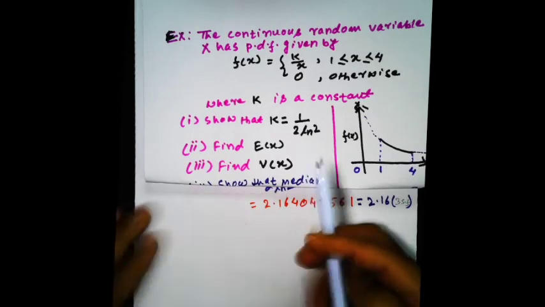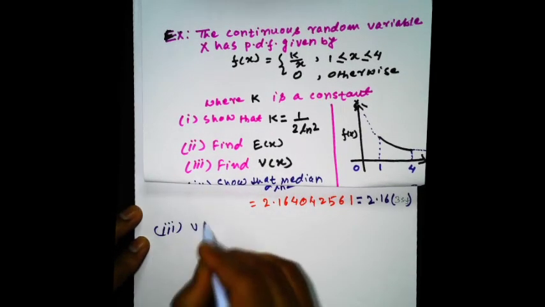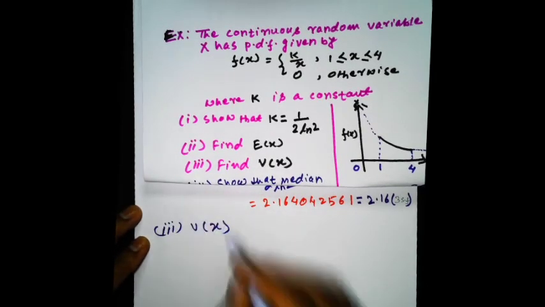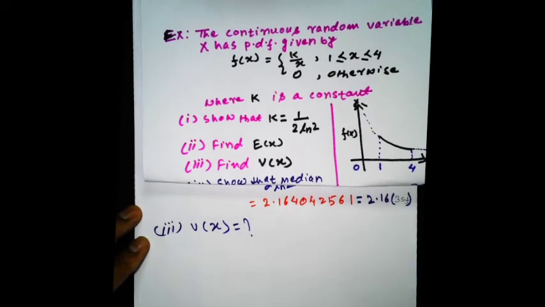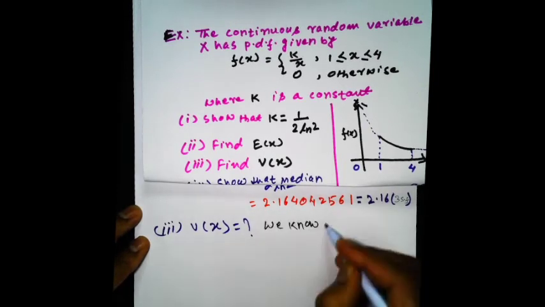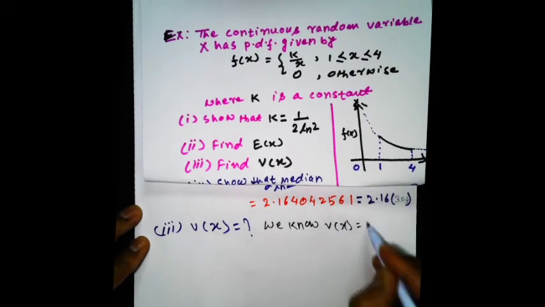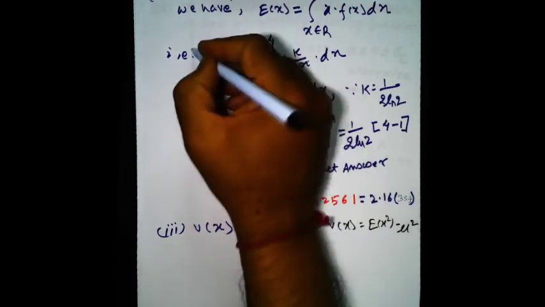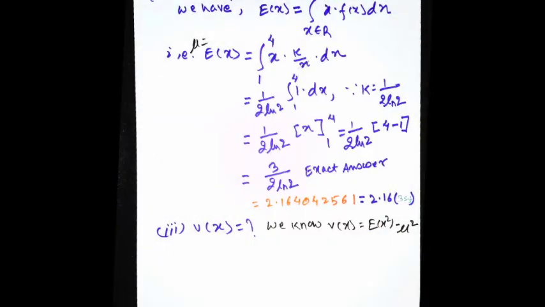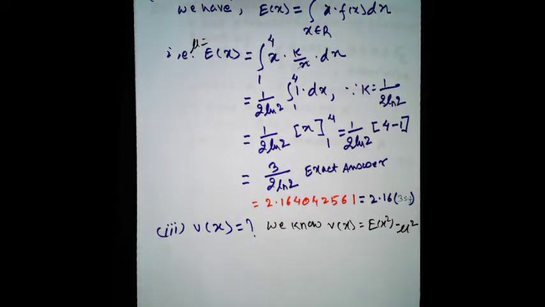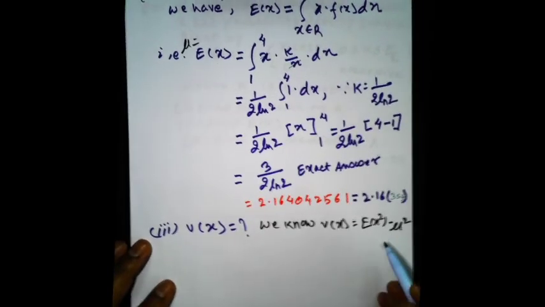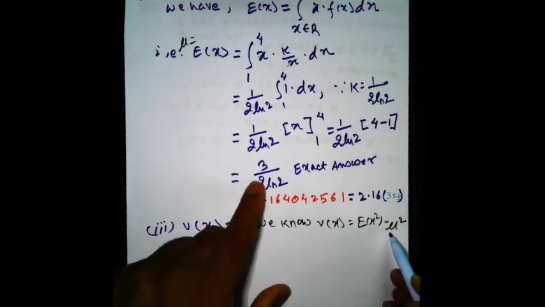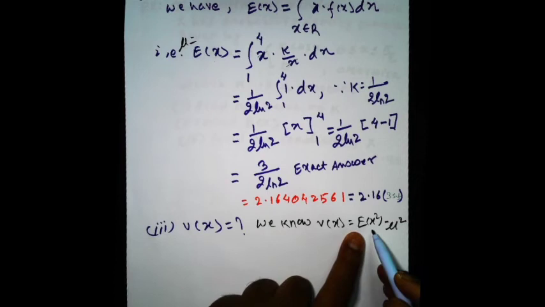Now in question number 3 we have to find V(X), and you know that V(X) equals what? We know V(X) equals the expectation of X squared minus mu squared. Mu squared means the square of this expectation of X. So first of all, as we have already obtained this value of mu here, we work for E(X squared) now.